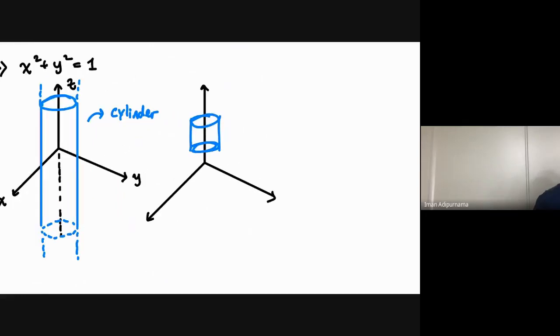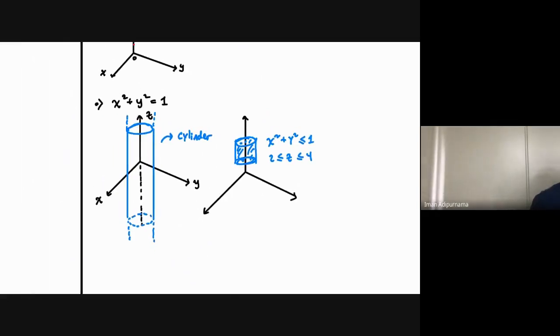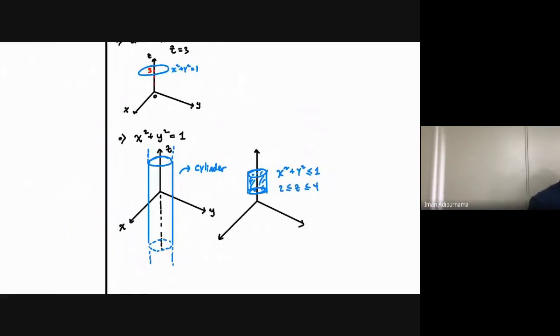So maybe I'll write this as x squared plus y squared, we can write with the inequality like this, and z maybe 2, 4. And this is our solid. So we will have the surface and we will have the solid. Okay, so this is for the solid.